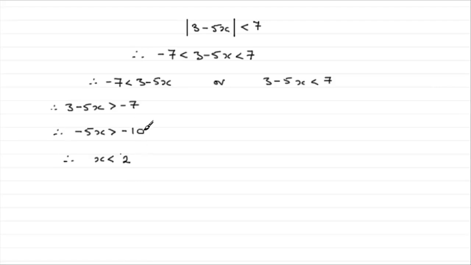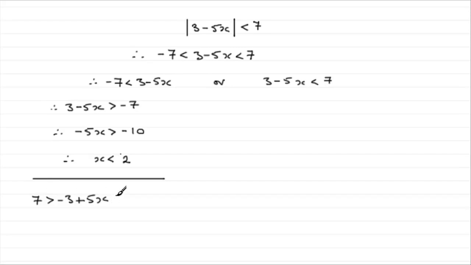Now you didn't have to do this part this way. As I say, you could have multiplied throughout by negative 1. And if you did go for that version, let's just do it underneath here. Times this by minus 1, you get plus 7. So you've got 7, but you must remember, because you're multiplying by a negative number, same as dividing by a negative number, turn the inequality round. So you've got 7 is greater than minus 3 plus 5x.